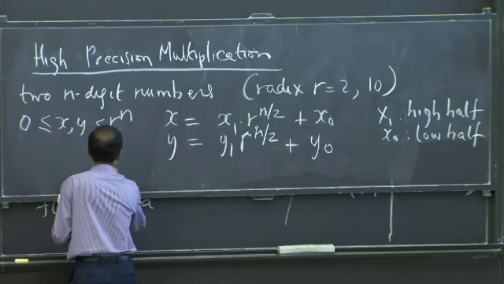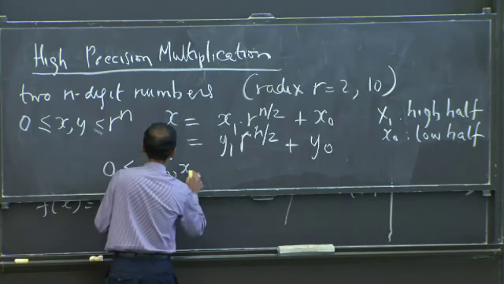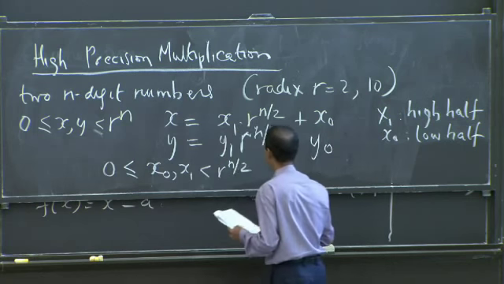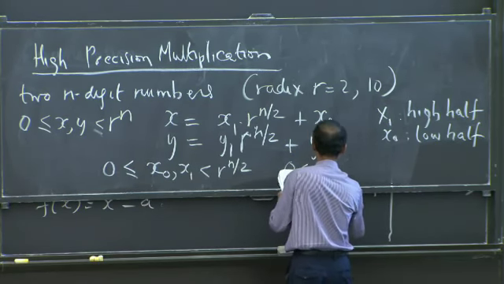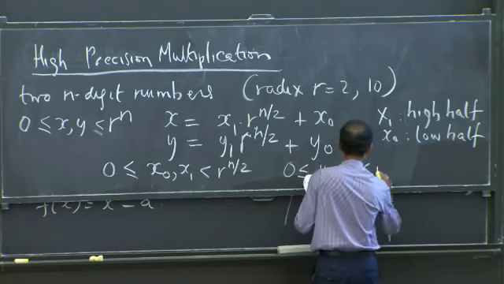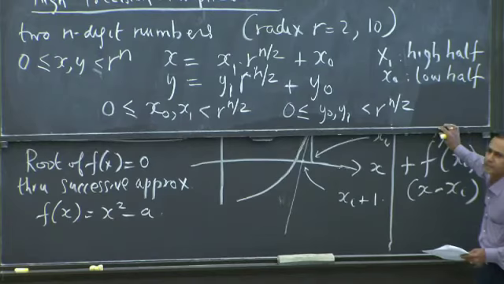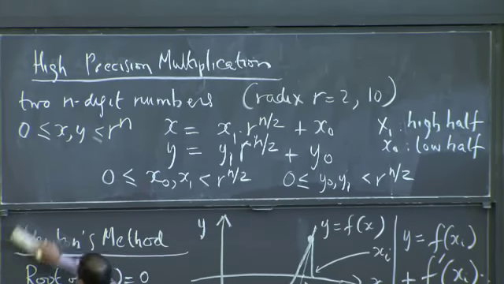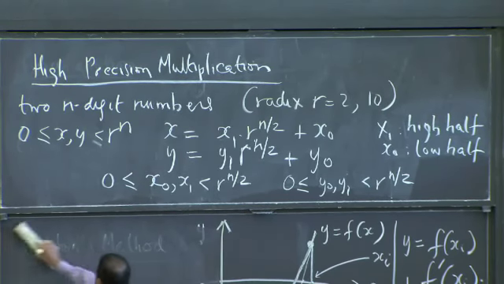The ranges now change; x0 and x1 are smaller, and the same for y0 and y1. So that's a fairly straightforward decomposition of this multiplication operation.